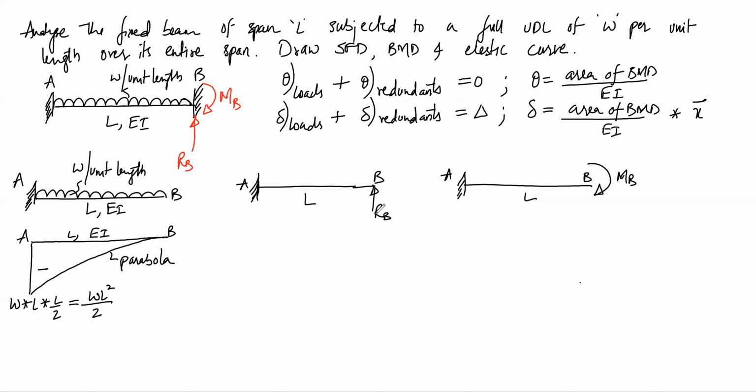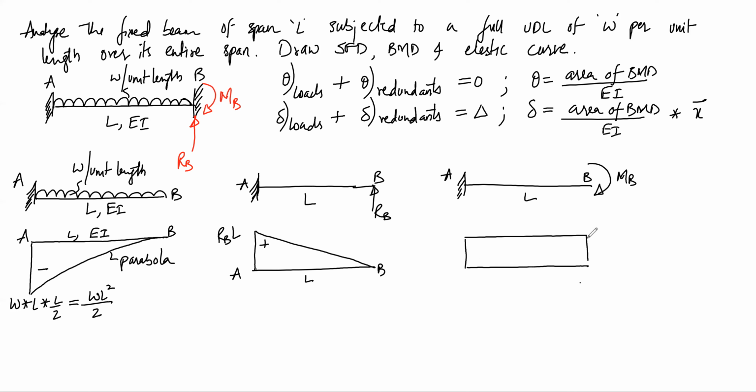And for cantilever with RB, we get a sagging BMD with triangular variation, and the moment at this point will be RB into L, and this span is L, and these are the points A and B. And for cantilever with end moment, we get a rectangular BMD, which is hogging in nature, and the moment will be MB. And these are the points A and B with span L.